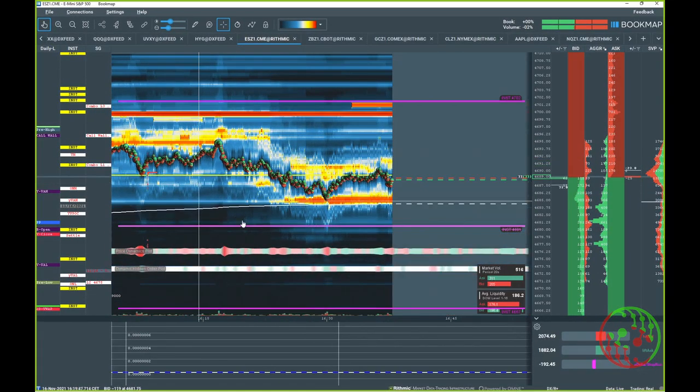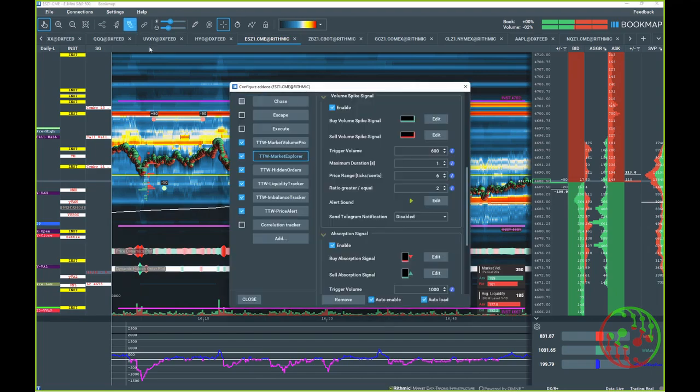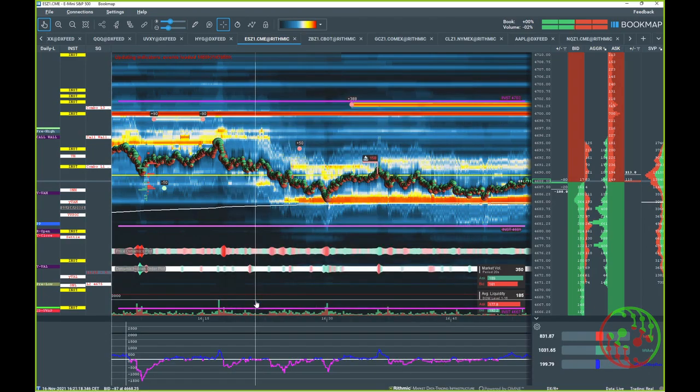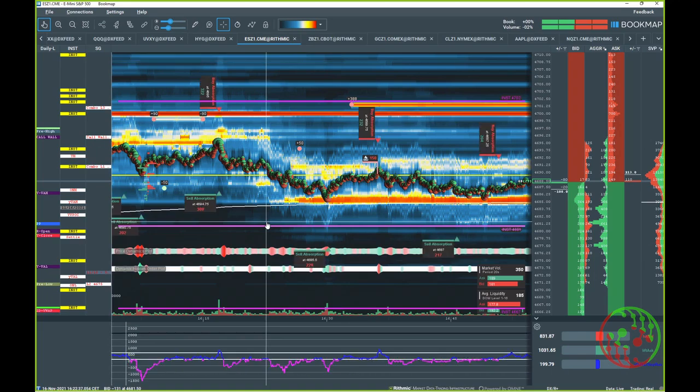Absorption happens when a market order hits a limit order. When a market order meets or collides with a limit order, absorption happens. You can measure every kind of absorption all the time on the chart here.